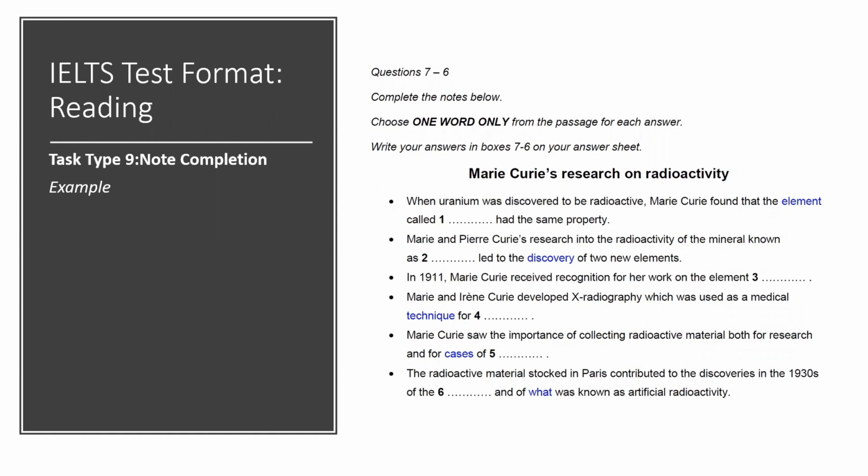I think the number of the question is written incorrectly. It's actually 1 to 6. Anyway, this is note completion. How many words can we write in the blank? One word only.